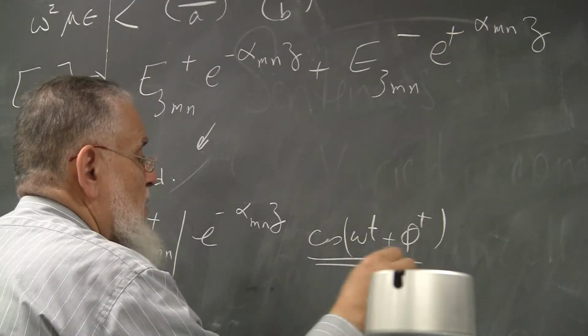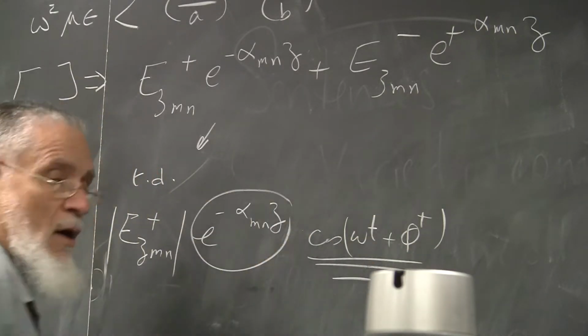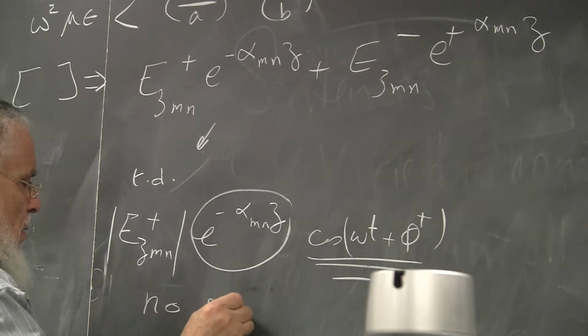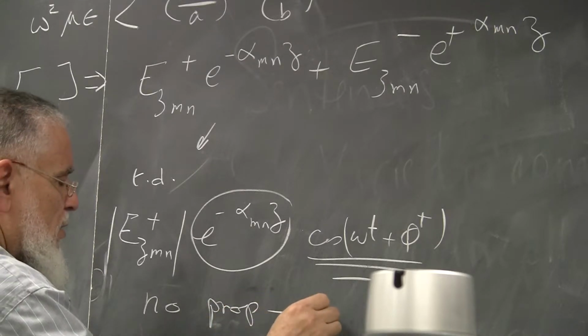So you have a wave, yes, but that wave along the z direction is dying. It does not have a propagation characteristic. So that wave is not propagating, and instead we have attenuation.